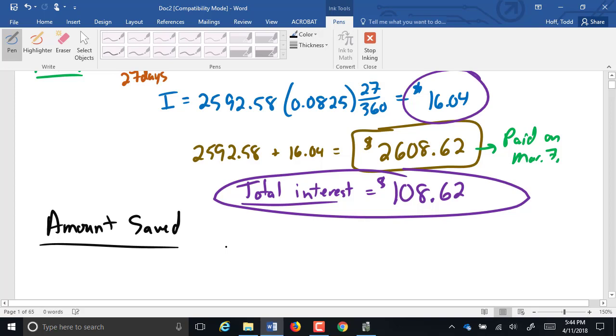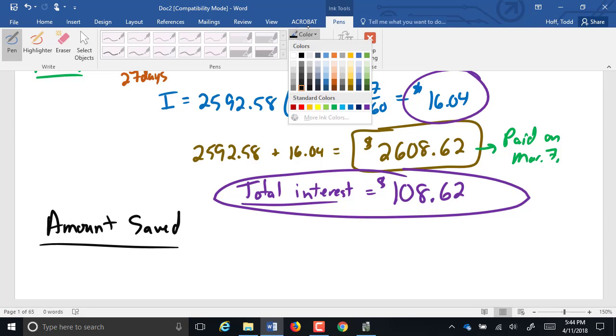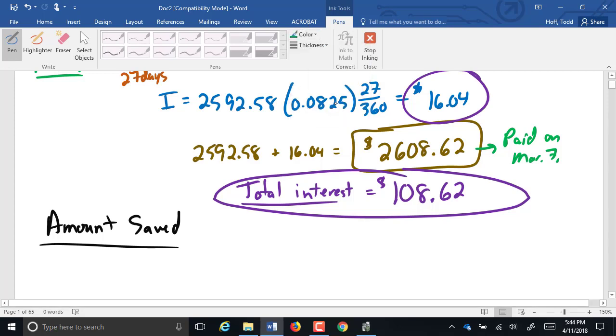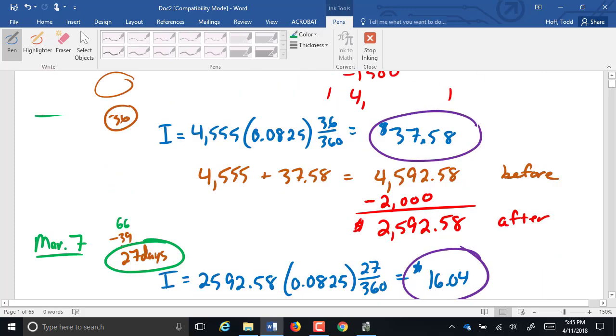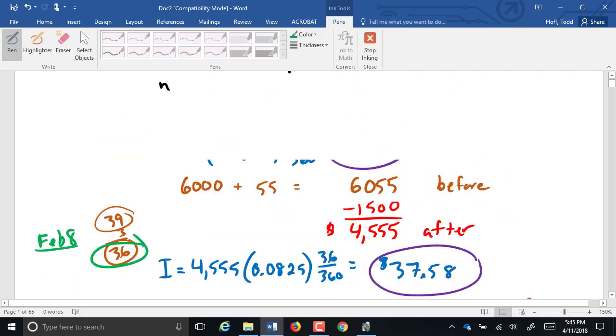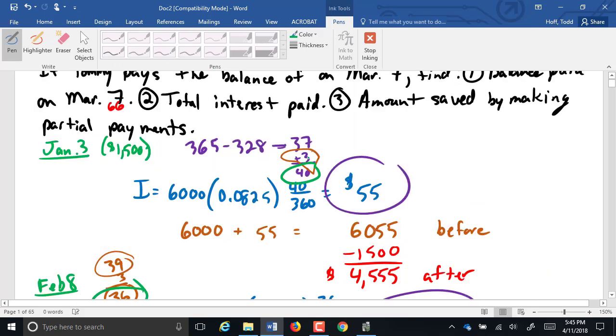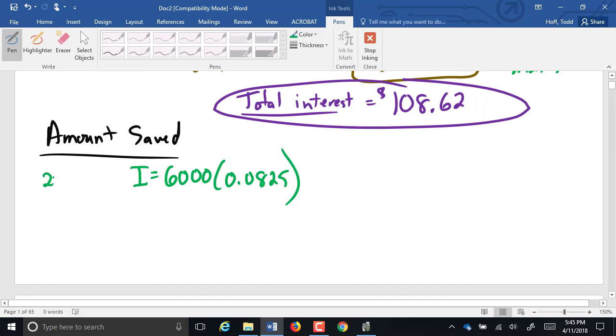The final thing we asked you for here was the amount saved. To calculate that, we would first have to do what the interest would have been without the partial payments. So it's 6,000 times 0.0825. We have to figure out the days. We have 27, 36, and 40. So 27, 36, and 40 add up to what, 103 days?